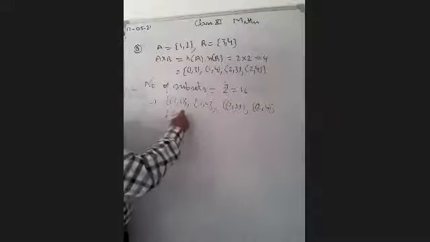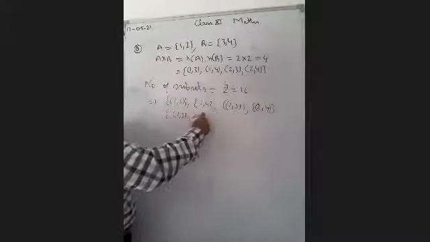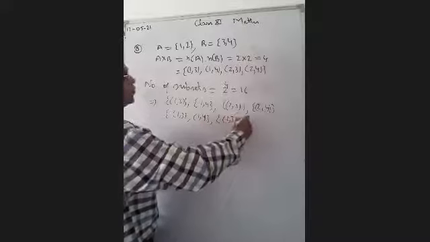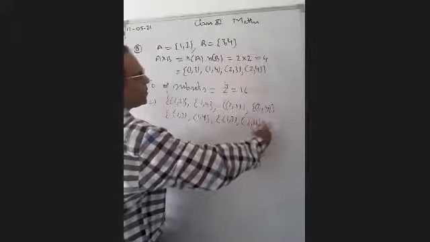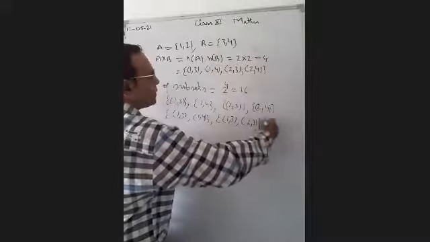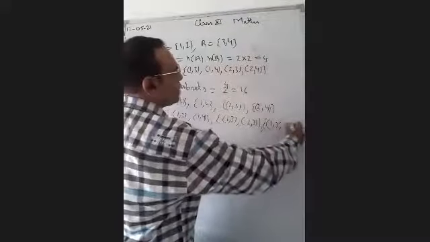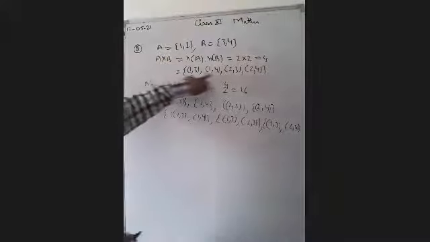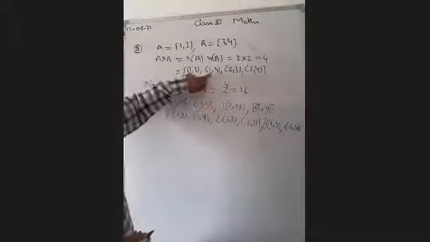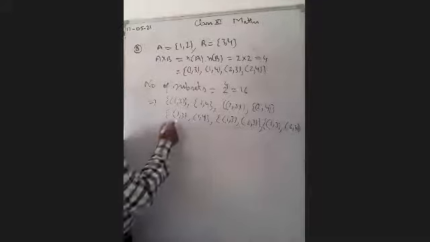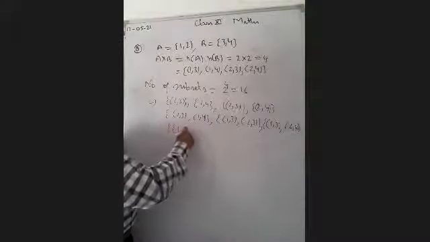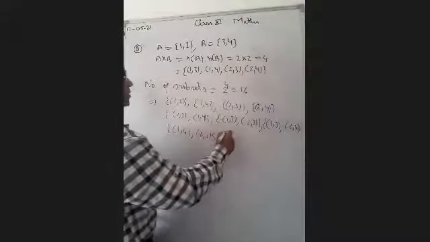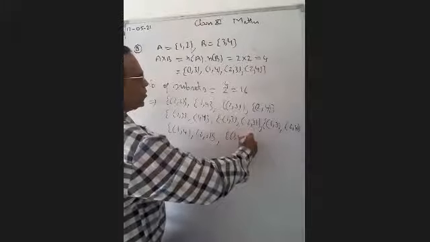That is, (1,3) with (1,4), (1,3) with (2,3), (1,3) with (2,4). So with (1,3) we have taken (1,4), (2,3) and (2,4). Now with respect to (1,4) we can take (2,3), and with (1,4) we can take (2,4).